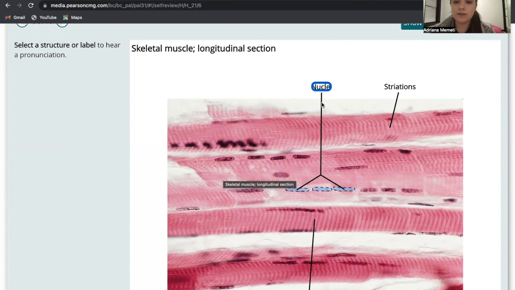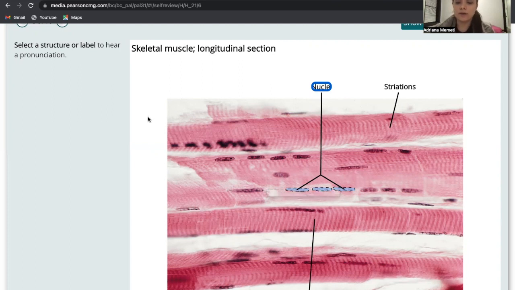Also, as we can see, the skeletal muscle tissue is multinucleate, which means that it has several nuclei. And again, it's different from the cardiac, since it's uninucleate, and the smooth muscle tissue as well.